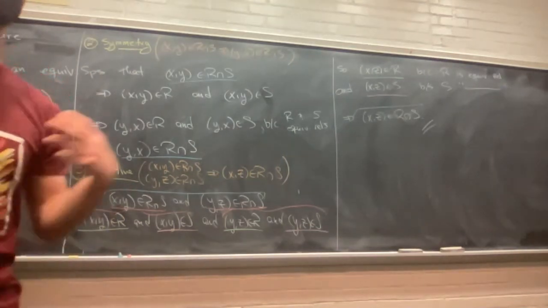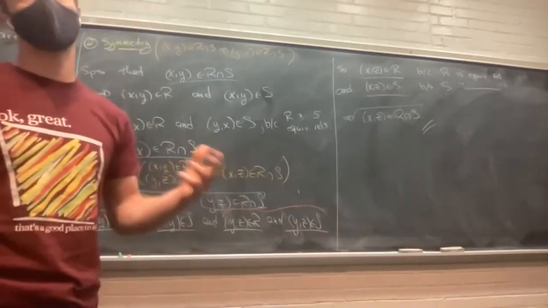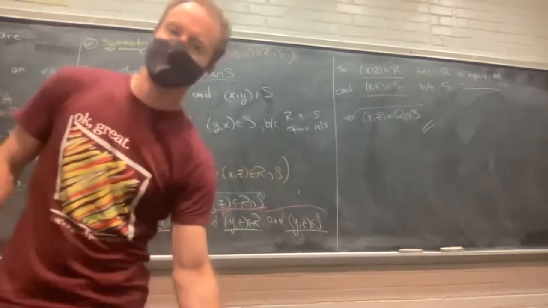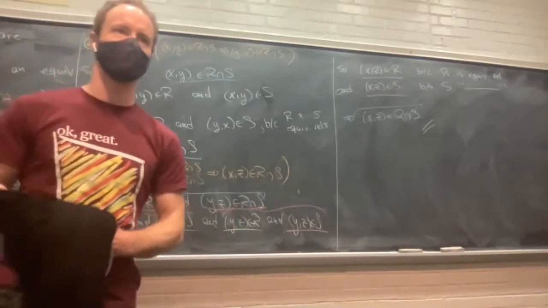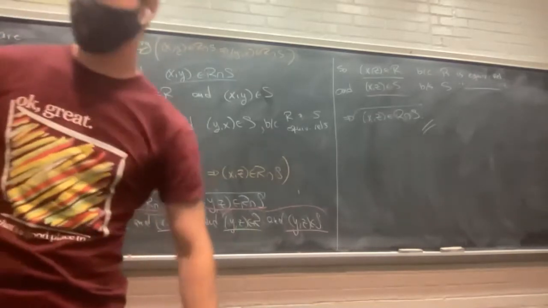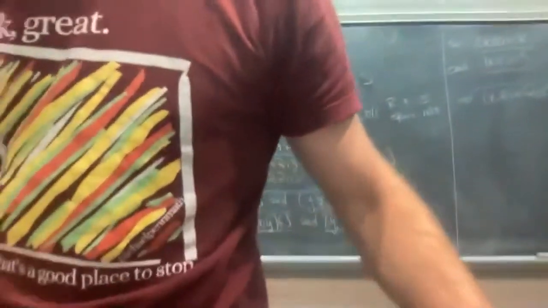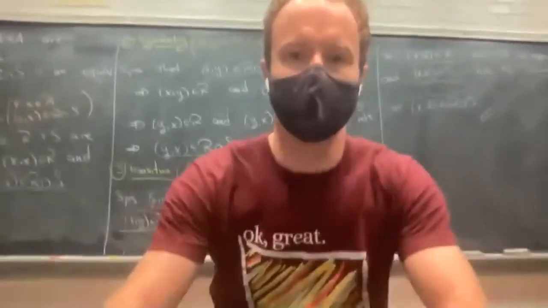It has the same kind of flavor as this one. It's a little different kind of a result, but you have to just be very comfortable with the precise definition and moving in and out of it. And we'll look at that after you guys play around with it for a little bit.